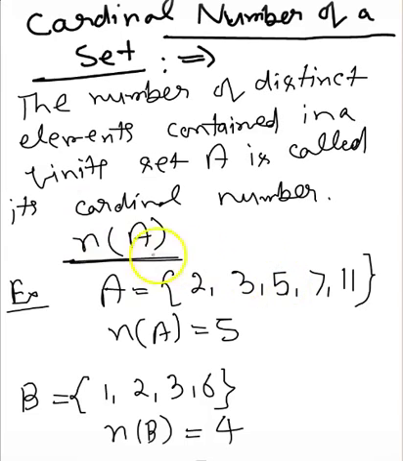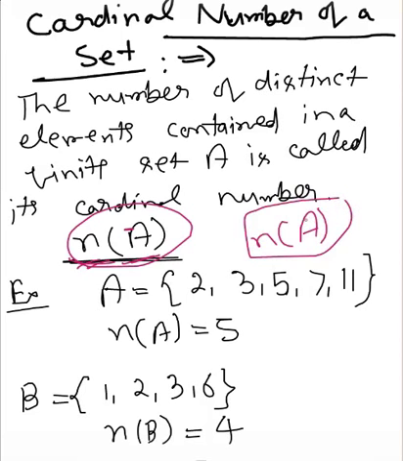We denote it by n(A). A is the name of the set and n is the representation of the number. So you can say n(A) is the cardinal number. Suppose you have a set A as 2, 3, 5, 7 and 11.